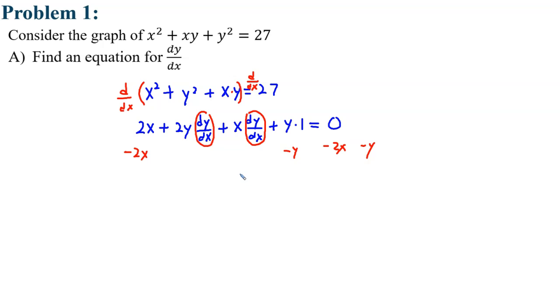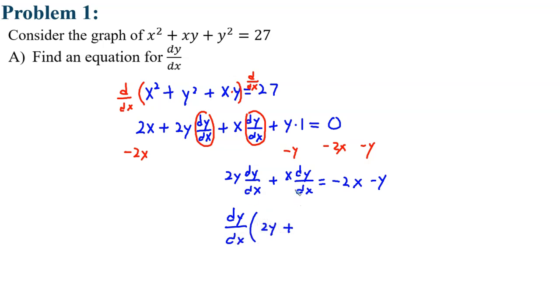That leaves me with 2y dy over dx plus x dy over dx is equal to negative 2x minus y. Next, I can factor dy over dx out of these two terms on the left. I can write that as dy over dx times 2y plus x is equal to negative 2x minus y.